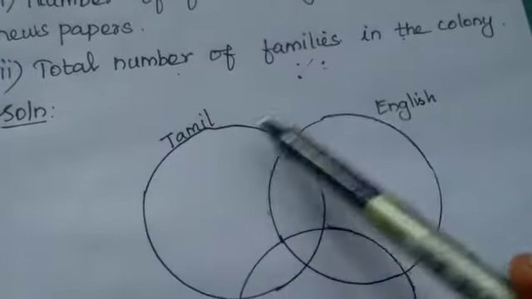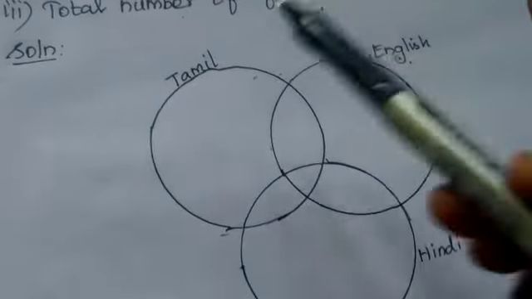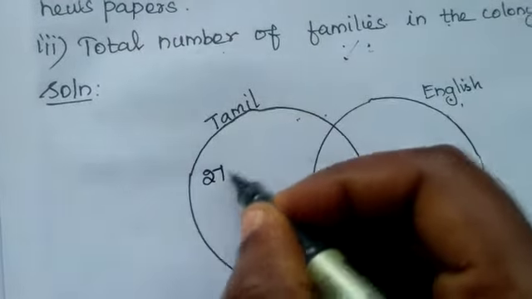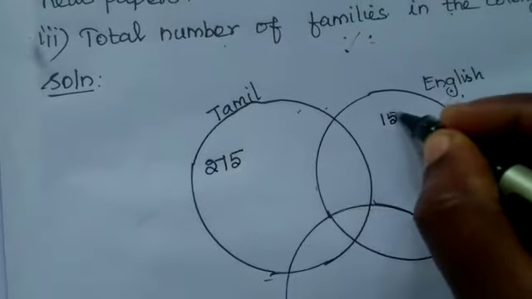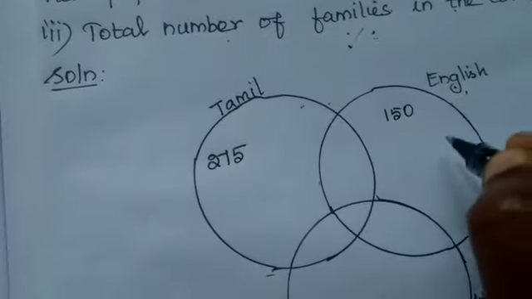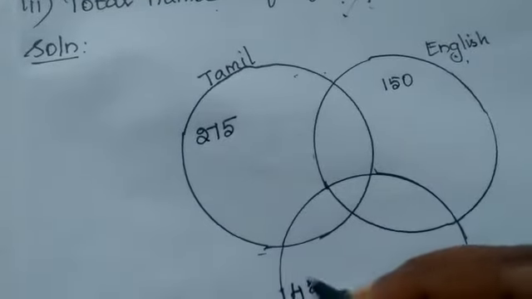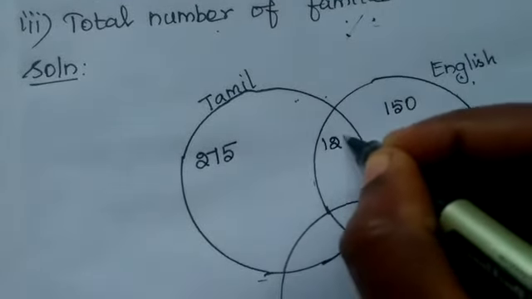Now we want to write the given things. Tamil, English, Hindi. Now what is given? 275 families buy Tamil newspaper. Next, 150 families, this one is English newspaper. Next, 45 families buy Hindi. Now both Tamil and English, how many? 125.